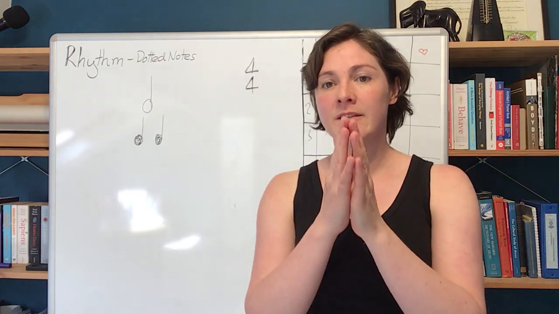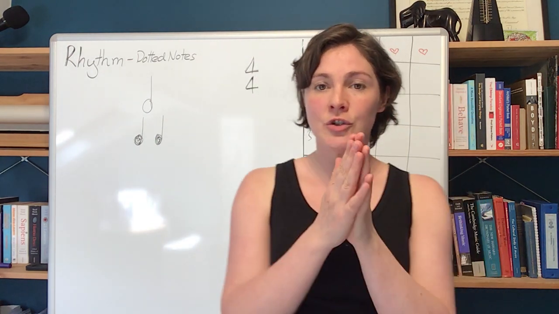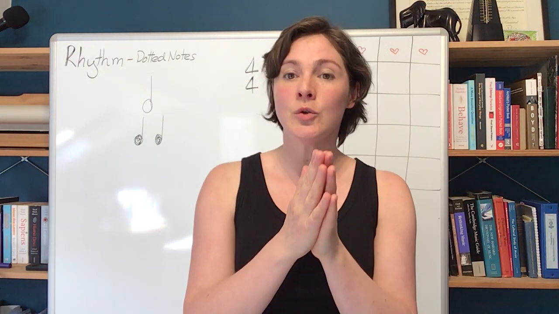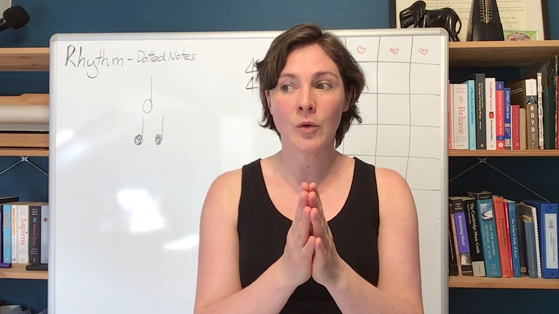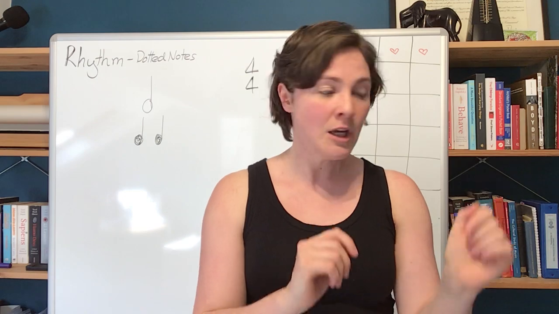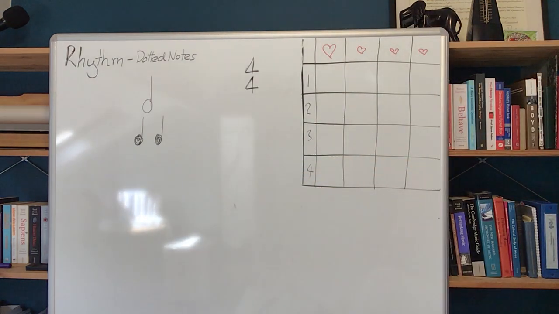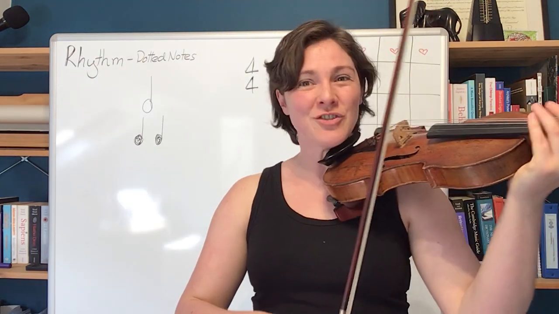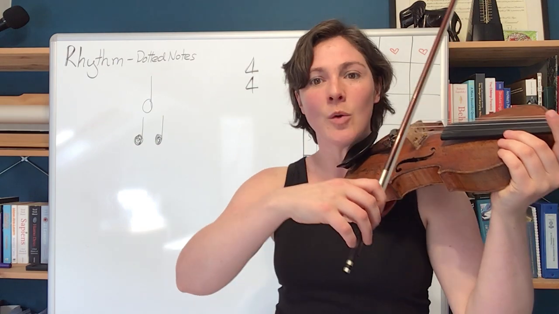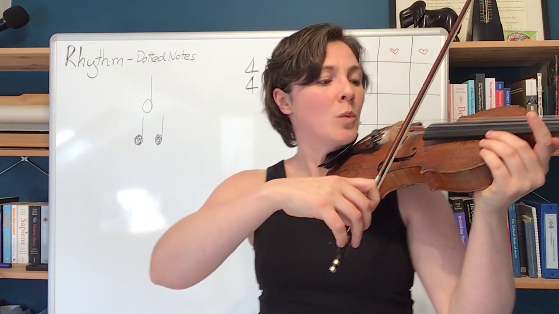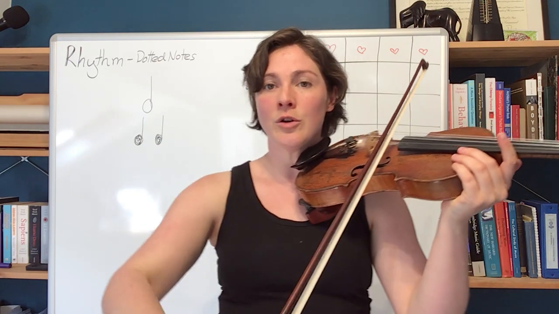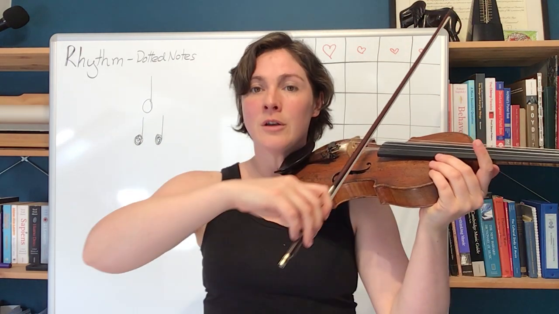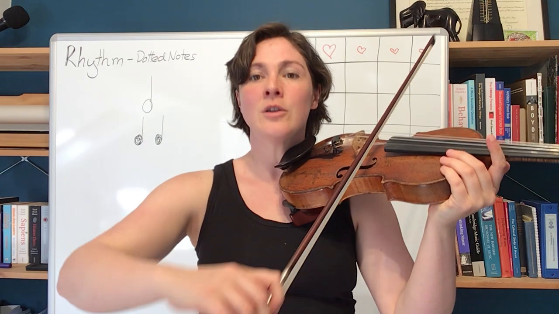And then get your hands going, and "too-oo, too-oo." Okay, you can have a go at putting that onto your violin or your cello, and again you can get your feet going. It's quite tricky to keep your bow steady, but you go 1, 2, 1, 2, 1, 2, 1, 2, 1, 2.